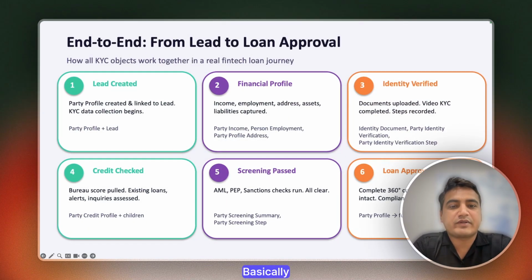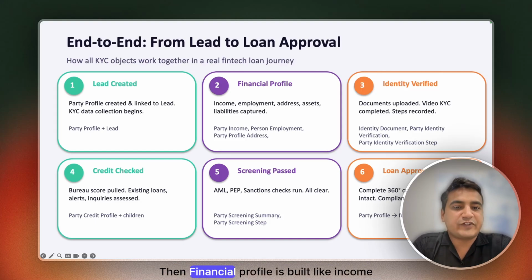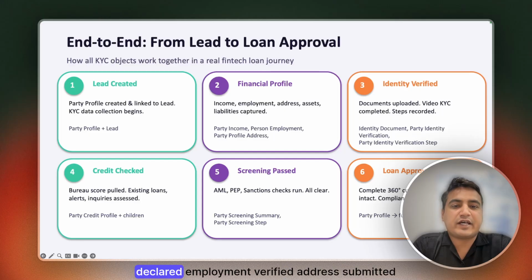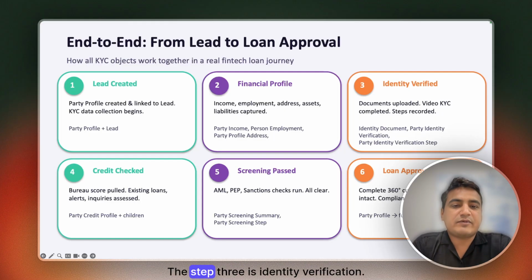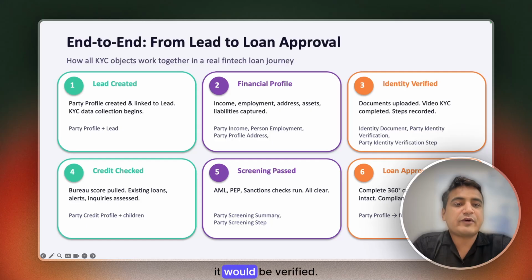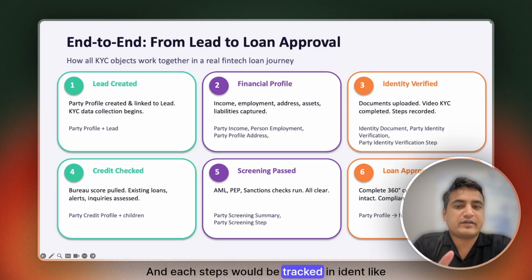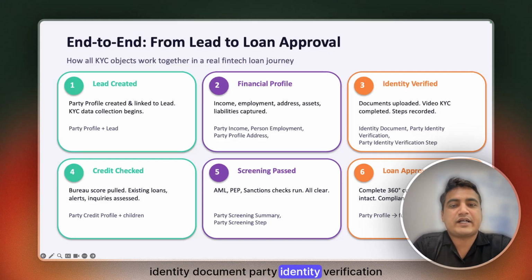Let's summarize quickly. A lead comes in, and a party profile is created immediately. Then the financial profile is built: income declared, employment verified, address submitted, and assets and liabilities captured. Step 3 is identity verification. Whatever documents were uploaded against the individual person would be verified. It can be done by video KYC and maybe some other ways, and each step would be tracked in identity document and party identity verification step objects.